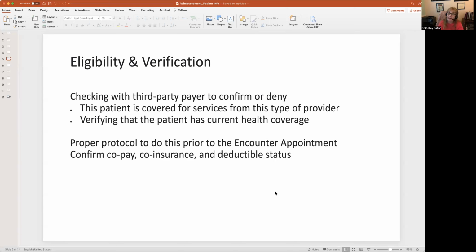Because again, that's the right thing to do for both the physician's office, the healthcare facility, as well as courtesy for the patient, right? I think so.